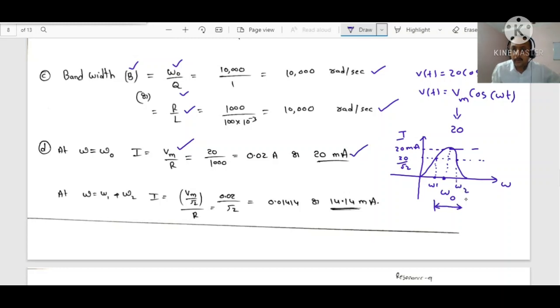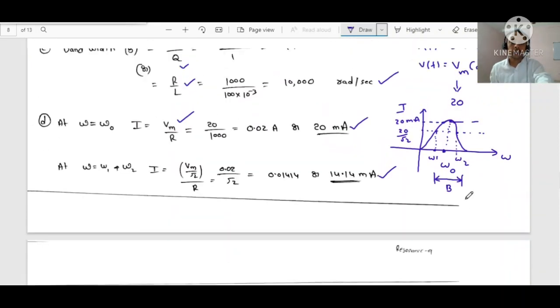The difference between these two, omega 1 and omega 2, is our bandwidth. This sharpness is indicated by the quality factor. Clear? At the half power frequencies, the current will be Im by root 2, that is what we have done here. So at that point the current will be 14.14 milliamps.